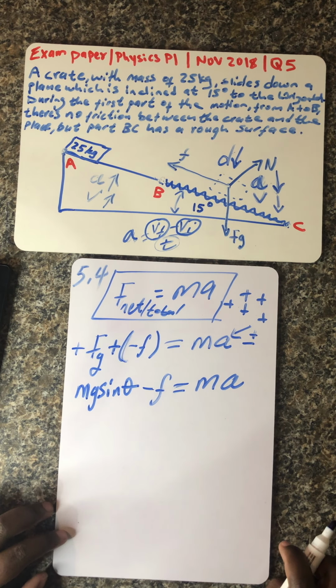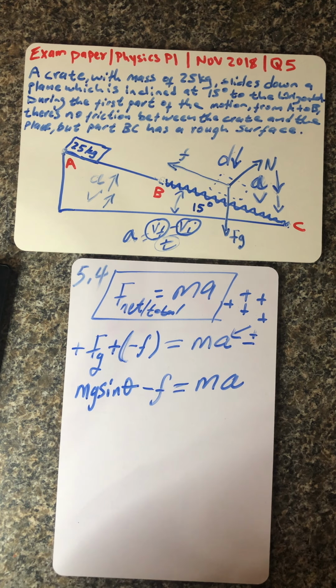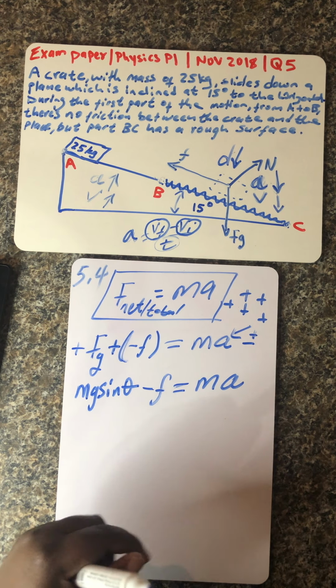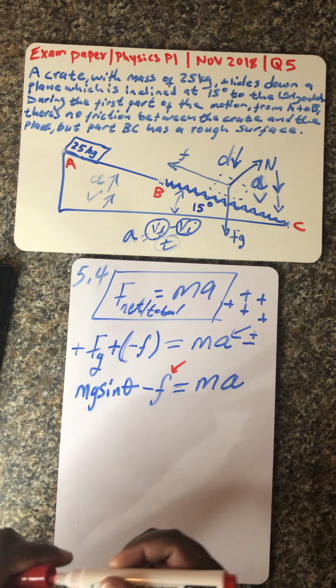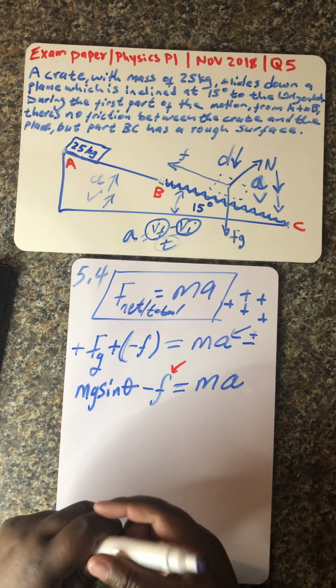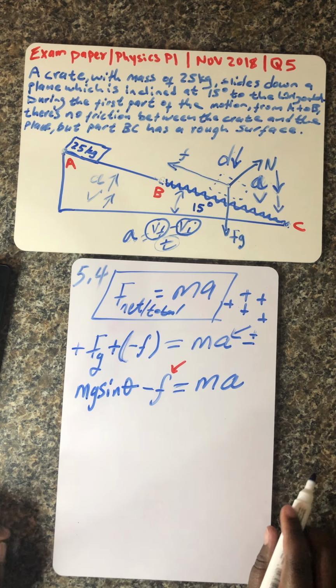Okay, so guys, remember, what does the question want us to calculate? The question wants us to calculate the magnitude of the frictional force. But remember, the frictional force is experienced between B and C.